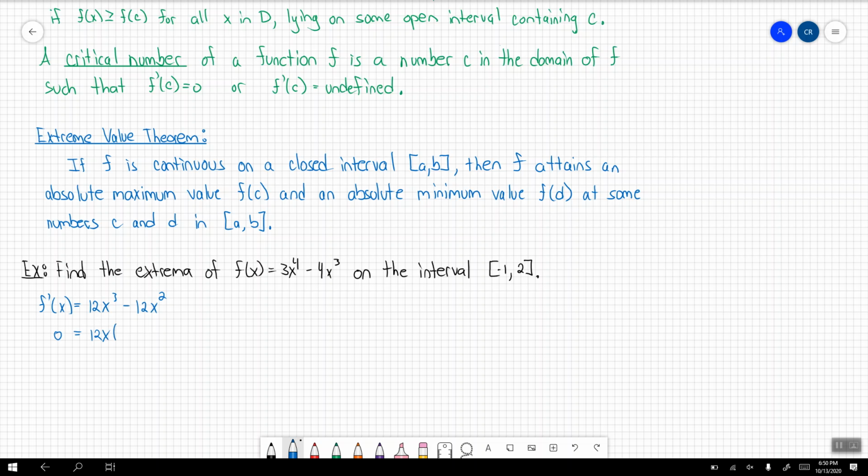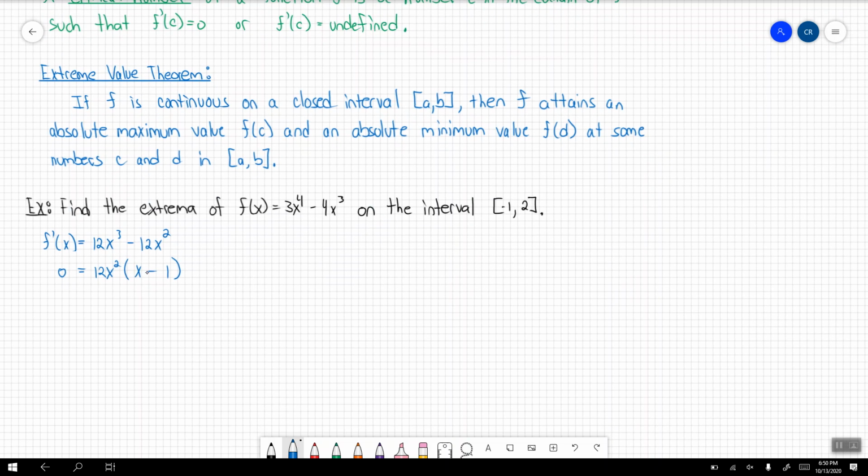In doing so, I'm going to factor out a 12x squared because that's the GCF, which leaves x minus 1. Now, going through my algebra techniques, 0 must be equal to 12x squared, or 0 must be equal to x minus 1.